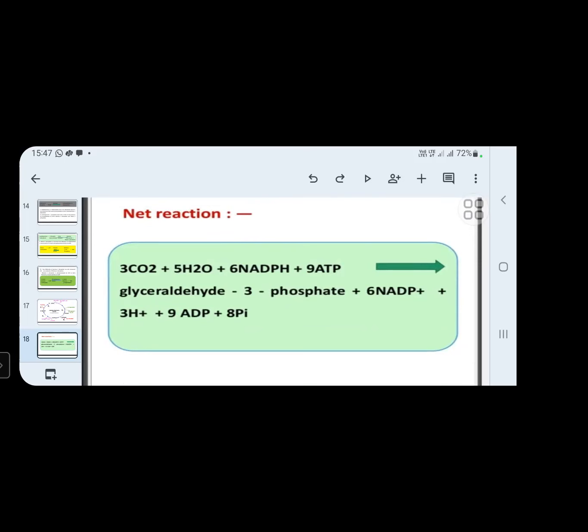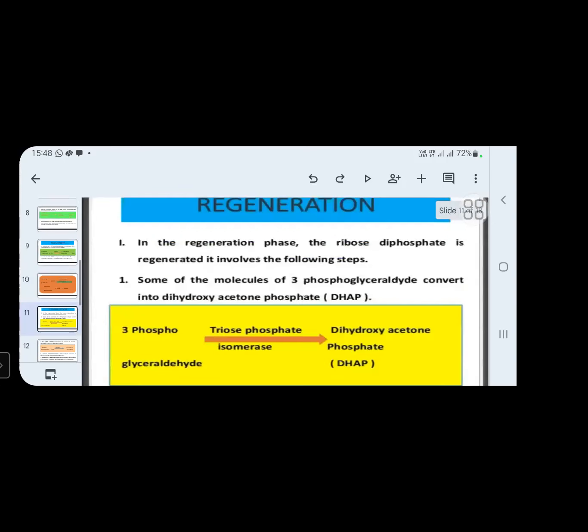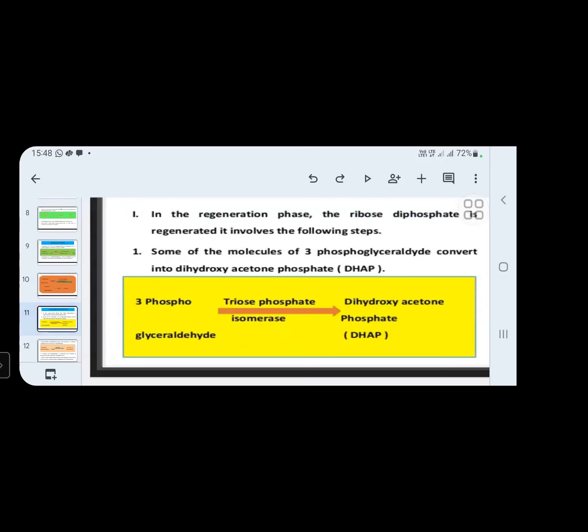So in that, the 12 phosphoglyceraldehyde, the numbering is not mentioned here, the phosphoglyceraldehyde and dihydroxyacetone phosphate. In the reduction phase, 6 molecules of carbon dioxide will convert into 1 glucose sugar, so that is almost 12 phosphoglyceraldehyde.